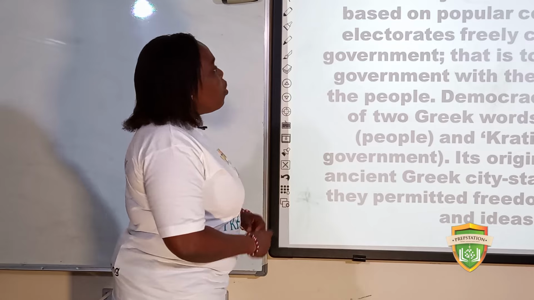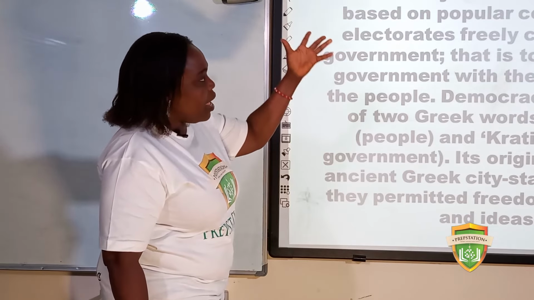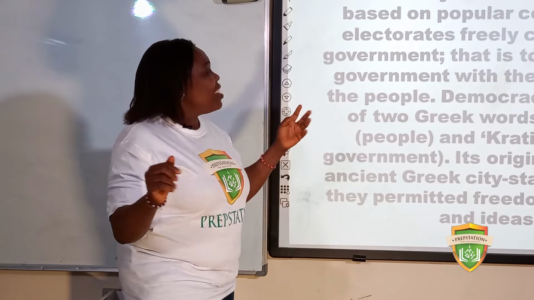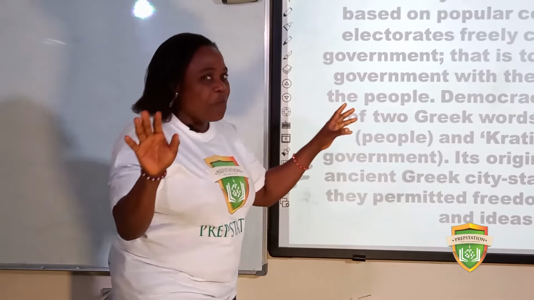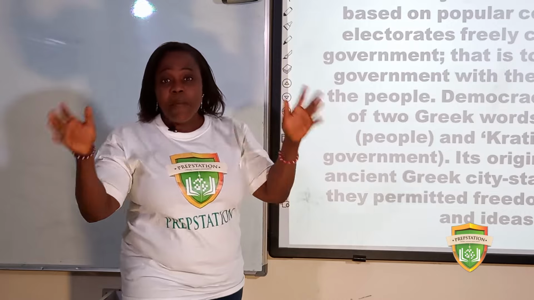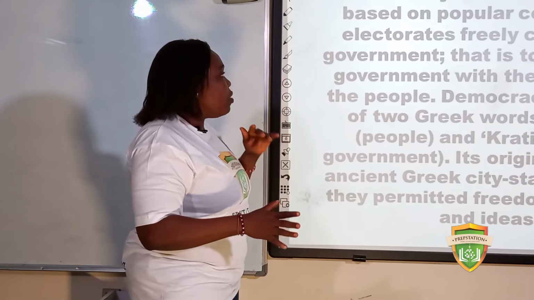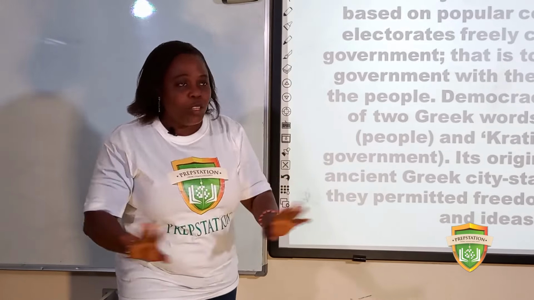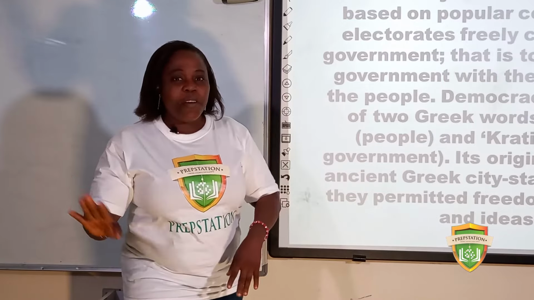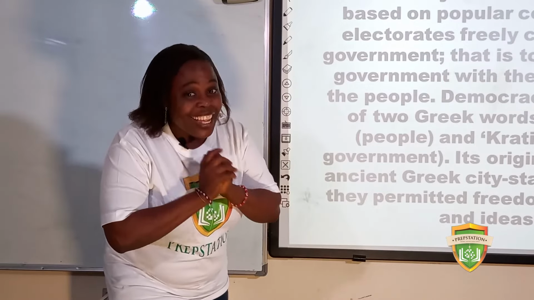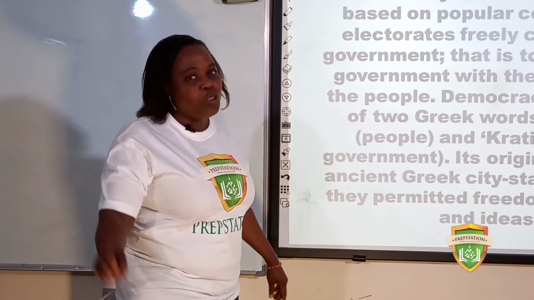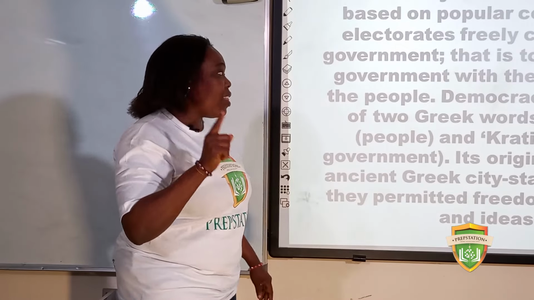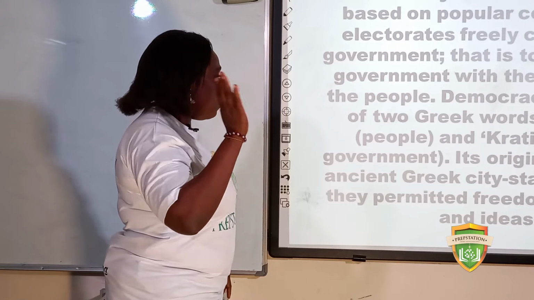Now, we're going to define another term, democracy. Government students, I know you know the popular definition of democracy by Abraham Lincoln, the 16th president of America. We're not looking at that. Government of the people, for the people, by the people. Please, don't even go there. At your level, you shouldn't be defining democracy like that. You have outgrown that definition.